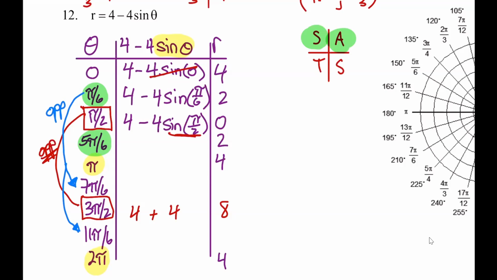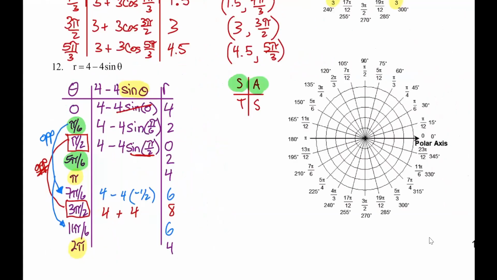This would be 4 minus 4 times negative 1/2, which is the same as, instead of 4 minus 2, it's going to be 4 plus 2. So that's going to give me a 6, and that's also going to give me a 6 here. So by knowledge of the unit circle, all those important relationships that I've been harping on, you're able to streamline the approach.